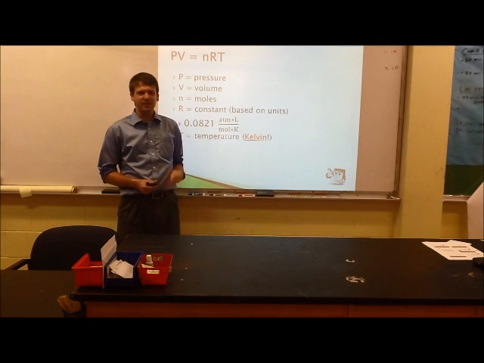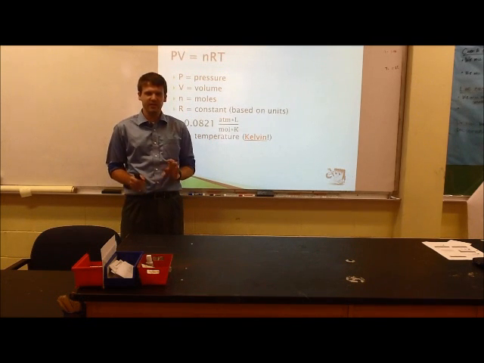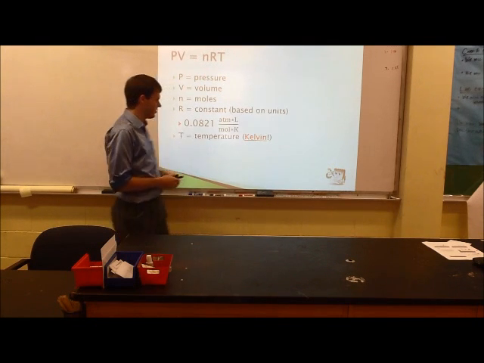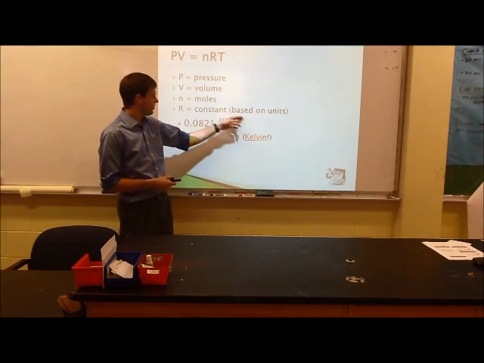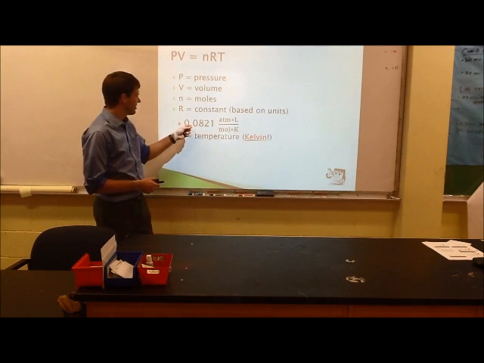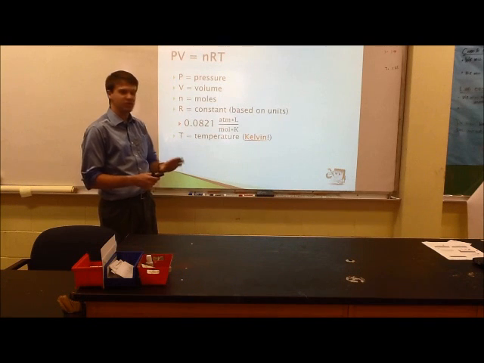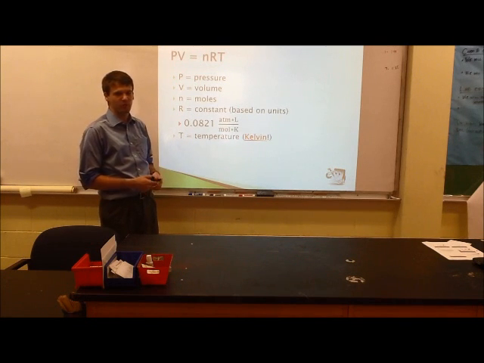Note that sometimes you'll be given temperatures in Celsius that you must convert to Kelvin by adding 273. So this will be our ideal gas constant, 0.0821 ATM times liters over mole Kelvin.